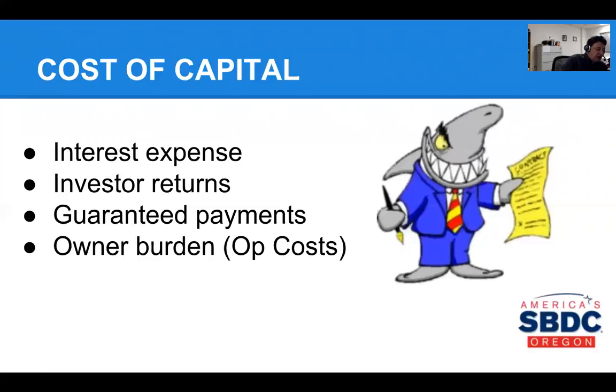So you need to make sure that you're thinking about these things, using a very similar cash flow statement to what I showed you previously. And then the other thing is the owner burden. What do you need to take? And again, think about your opportunity cost. What were you making when you were working for someone else? Make sure that you're making the same amount.